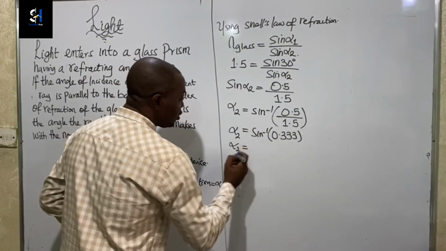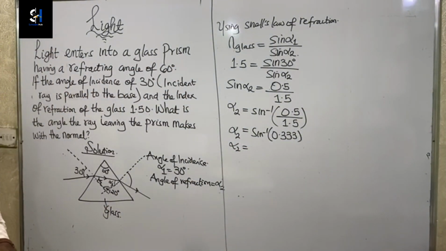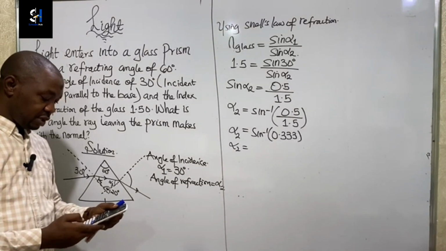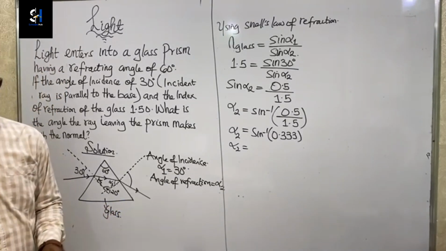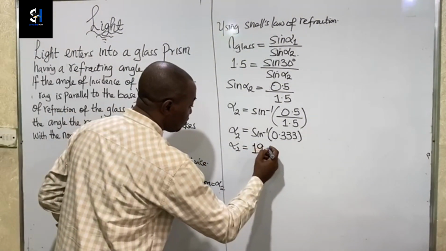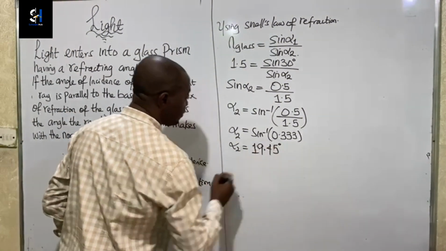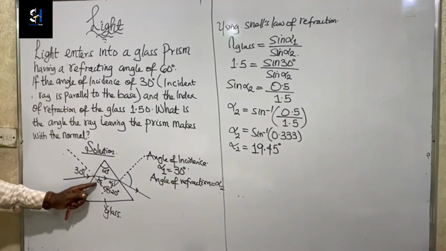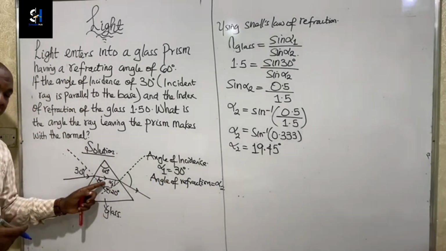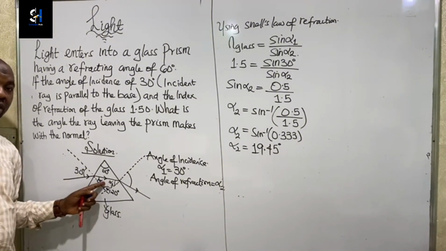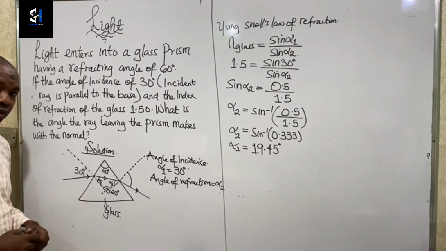Let's get the value of the inverse sine of 0.33. That will be 19.45. So this is the angle which the light that emerges bends away from its original position.